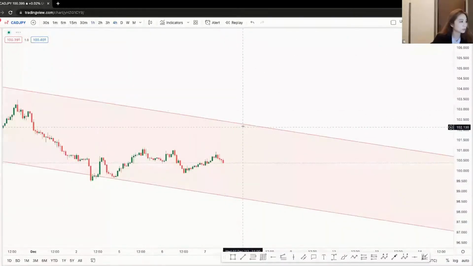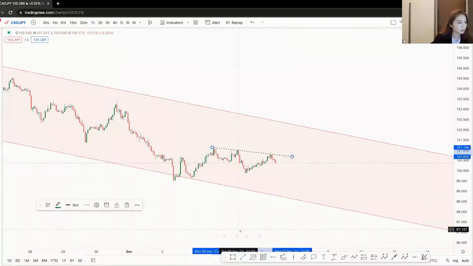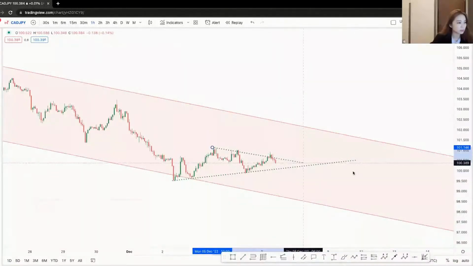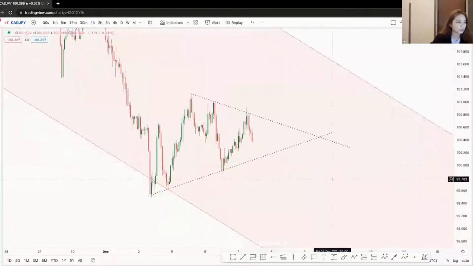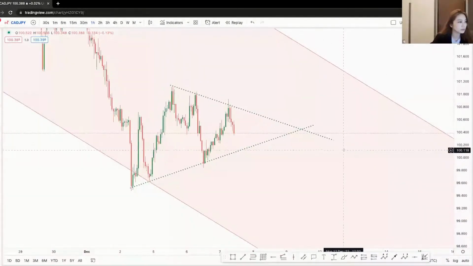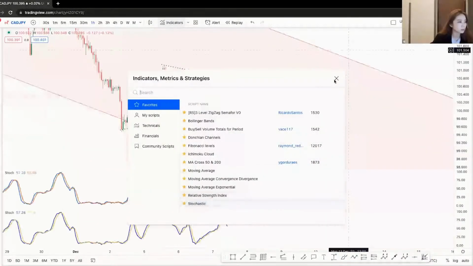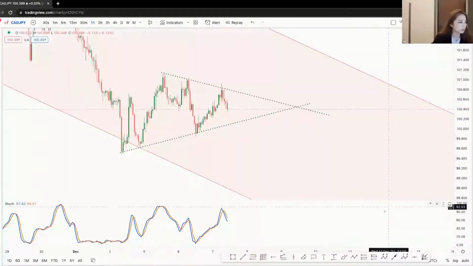Interesting. I think on H1 you'll see a slight triangle. So on H1, you'll be looking at this instead. Let's just do a small analysis on H1. Interesting, interesting.